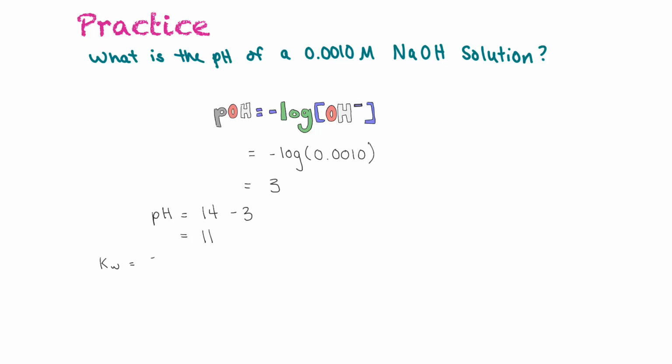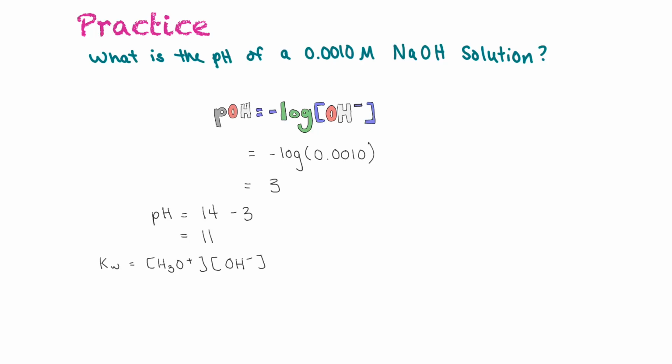So Kw is equal to the concentration of hydronium ions times the concentration of hydroxide ions. And then you could sub in our value.